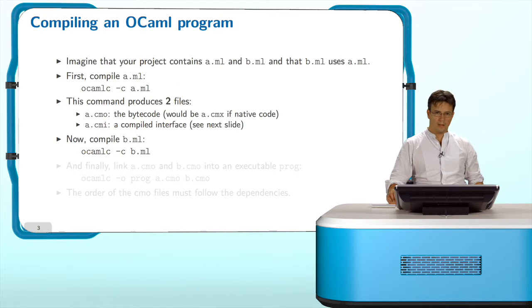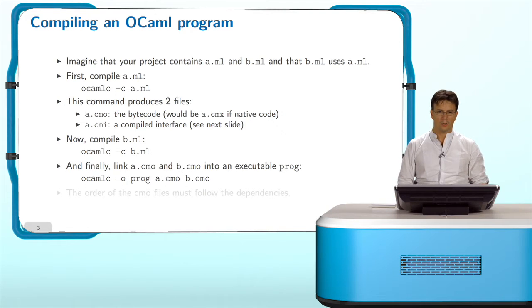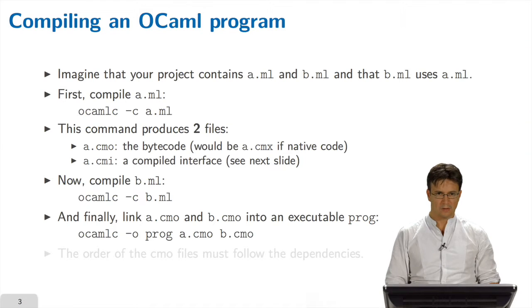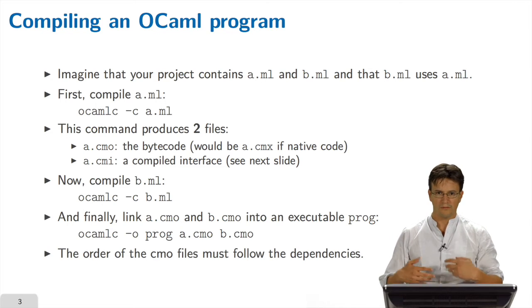Now you can compile b.ml using the same method. And finally, to link a.cmo and b.cmo into the same executable program, you use ocamlc -o prog to say that the output executable program will be named prog, and after that, the list of the compiled units, but in the order of dependencies.